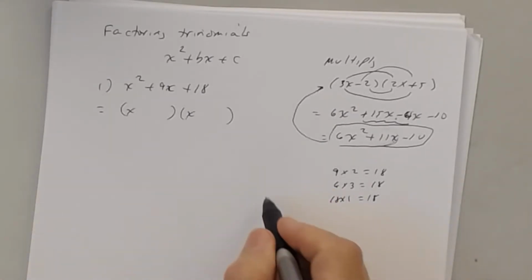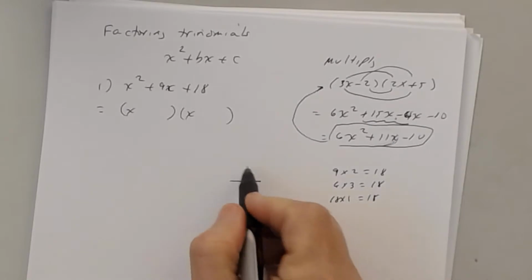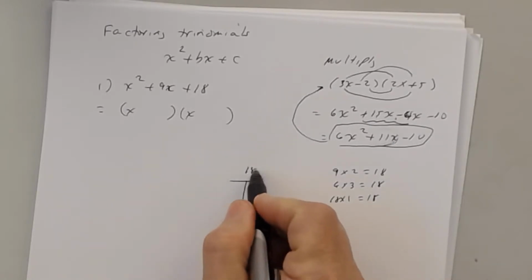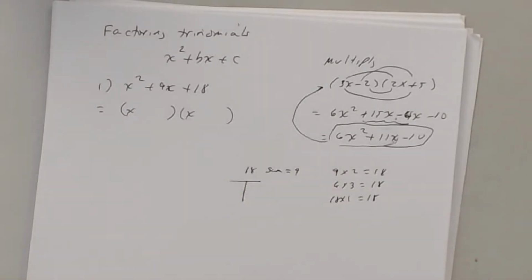So give me two numbers whose product is 18 and whose sum is what? 9, the middle term. That only applies if the coefficient of x squared is what? 1. That's the only application.